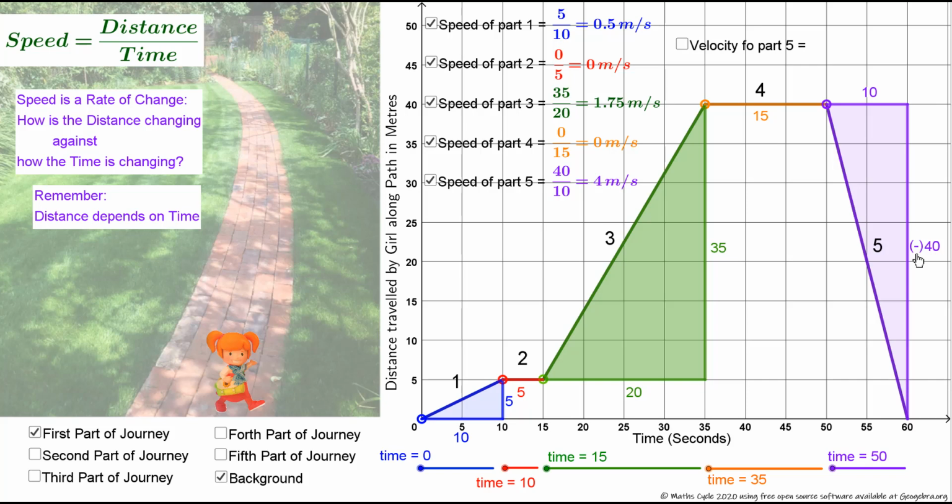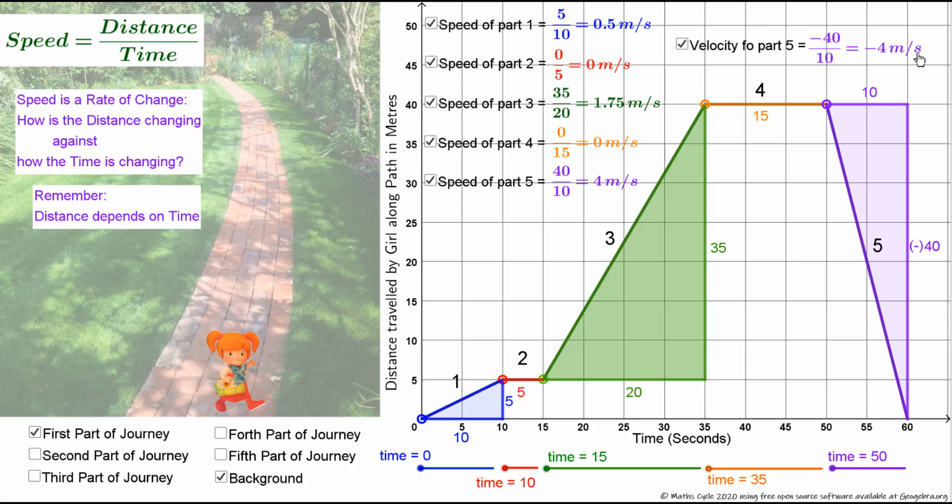Now, how that can be interpreted in terms of speed is something called velocity. Velocity is speed, but it's in a certain direction. Okay, so you see this part here. If I was looking for the velocity of Tara for part 5, it would be the minus 40 over 10, which would give me minus 4 meters per second.